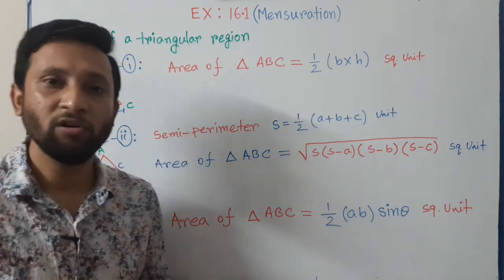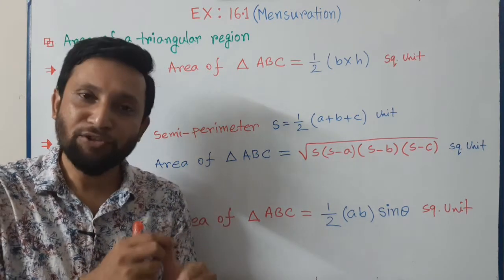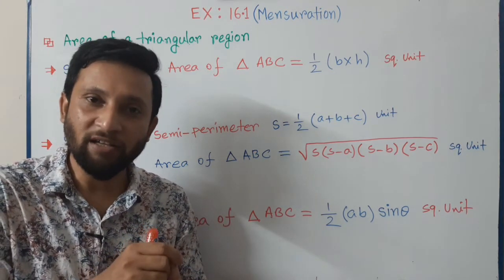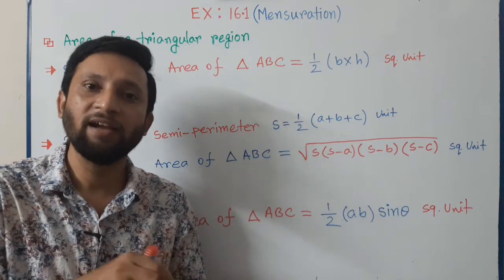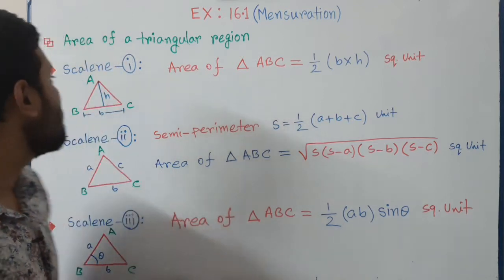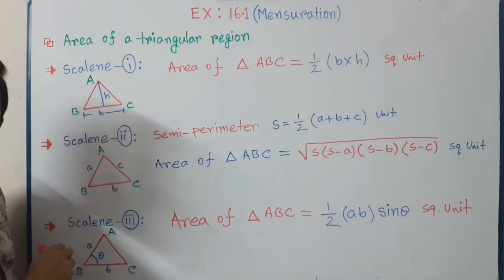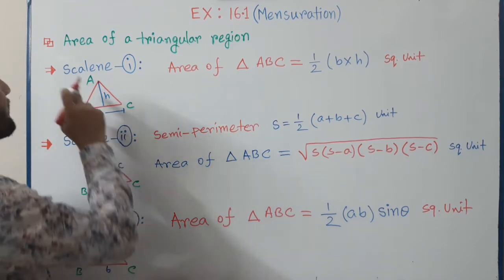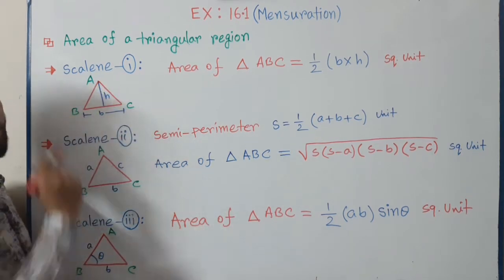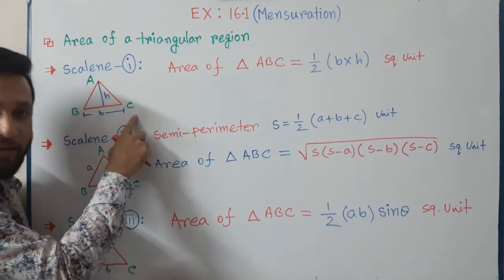We already know different types of triangles, such as scalene triangle, isosceles triangle, equilateral triangle and right angle triangle. Now firstly I am going to discuss how to find the area of a scalene triangle. So scalene 1, that means type 1. Suppose ABC is a scalene triangle.